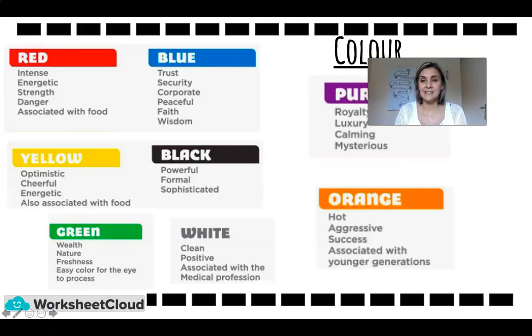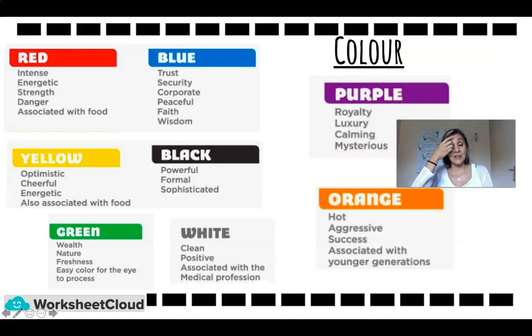And then we look at color, and this is one of my favorite parts. So obviously color has a certain way of indicating different things. So red generally, and obviously this is a generalization, but most of the time it's to do with intensity, with energy, with strength, danger. It can be associated with food, also perhaps love.